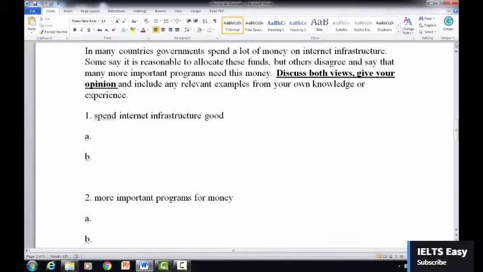There are more important programs that we need the money for. Okay, so those are the controlling ideas that we have. This is our controlling idea number one. That means this is what this body paragraph is going to be about. This is our controlling idea number two. That's what this body paragraph is going to be about.